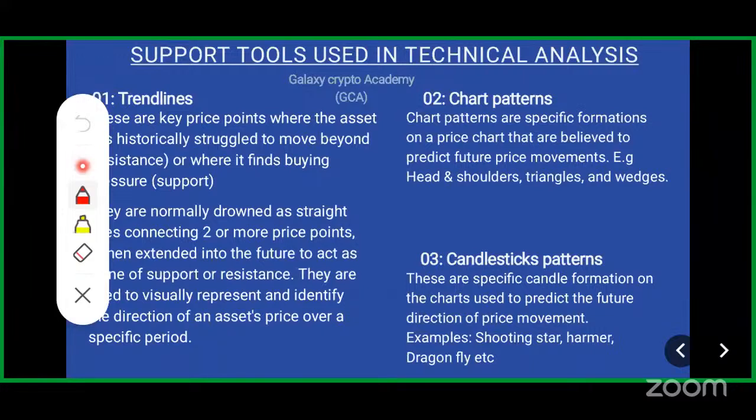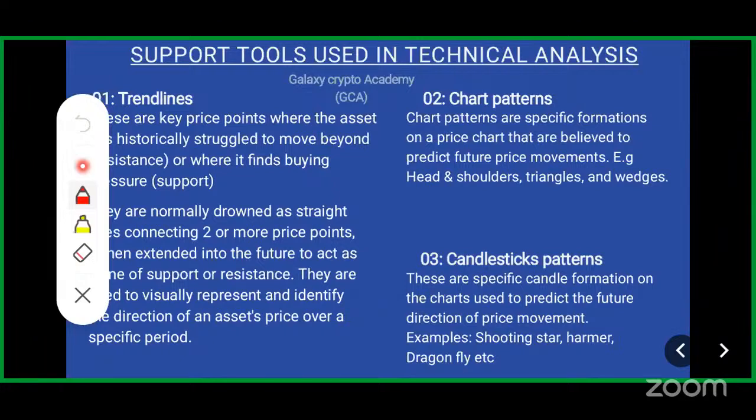So we have about 6 support tools, and these 6 support tools are subject to a decision that you can make as an individual to select one or two, or even all, depending on how comfortable you may be. And then you try to improve yourself or perfect your skills in them.